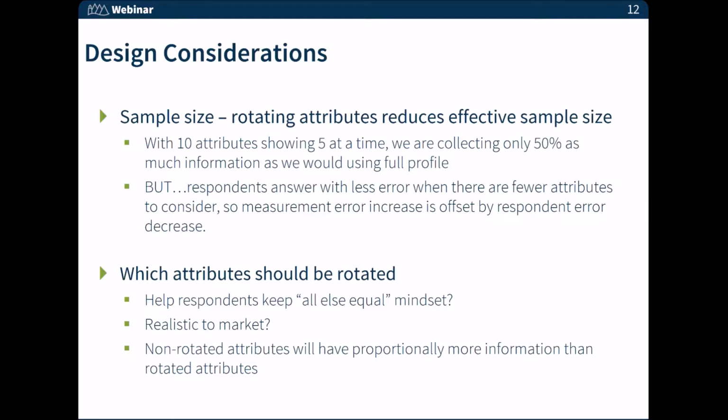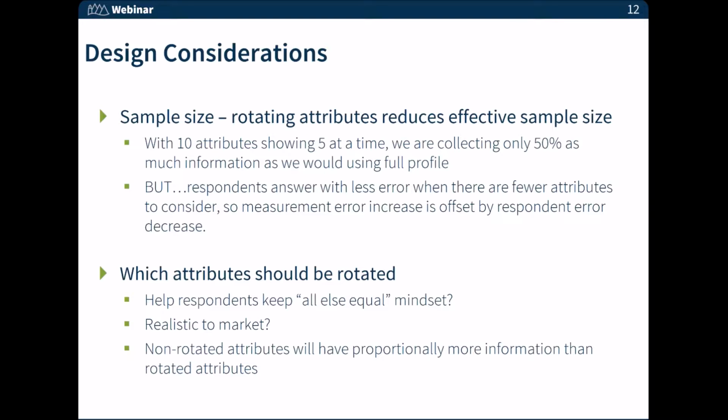So even though we've got less data, we've got better quality data, and if you're looking just at standard errors, our standard errors actually stay about the same given the same number of questions. Because respondent level error is decreased, it tends to offset the measurement error from having fewer incidences of showing our attributes.